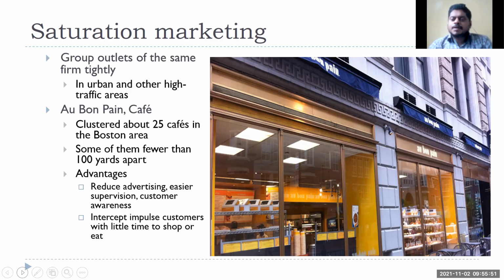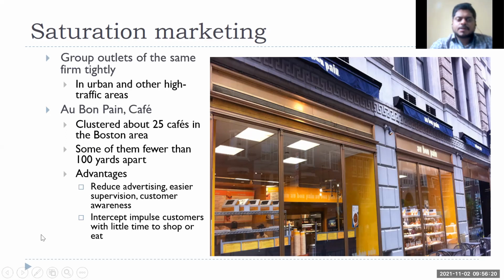Nearby, there is only one KFC, one McD, and one Domino's or two Domino's, right? But if I start putting Domino's everywhere, at 4 or 5 or 6 locations, it looks like a foolish idea. It looks logically not possible: why should you put 5 or 6 or 10 outlets of the same company in a single location, right?